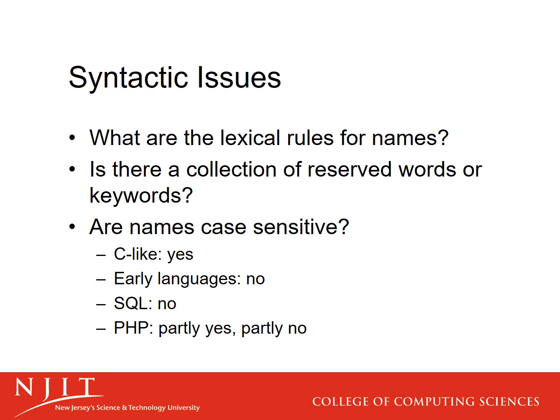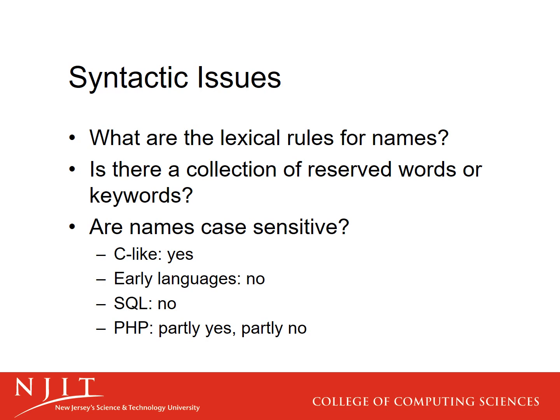So before we dive into the bindings, let's just go through a couple of practical issues. Every language that has names has some kind of a definition for what the lexical rules for names are, and we're familiar with this. It's usually something that begins with a letter, or maybe it's something that begins with a letter or an underscore, and is followed by 0 or more letters or numbers or underscores or whatever other symbols are defined to be allowed in names.